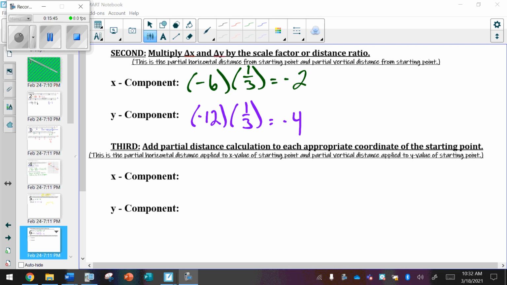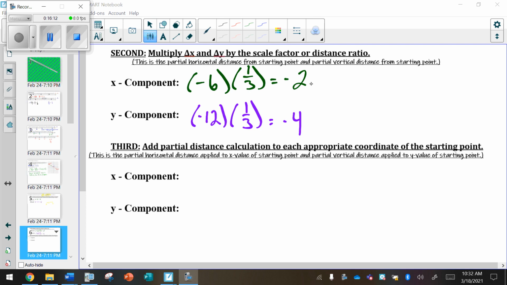So these numbers are telling us the partial distance from the horizontal starting point and the partial distance from the vertical starting point. That means that horizontally, our point P is -2 spots away from the original endpoint of point M. Because remember, we're measuring from point M towards point N.